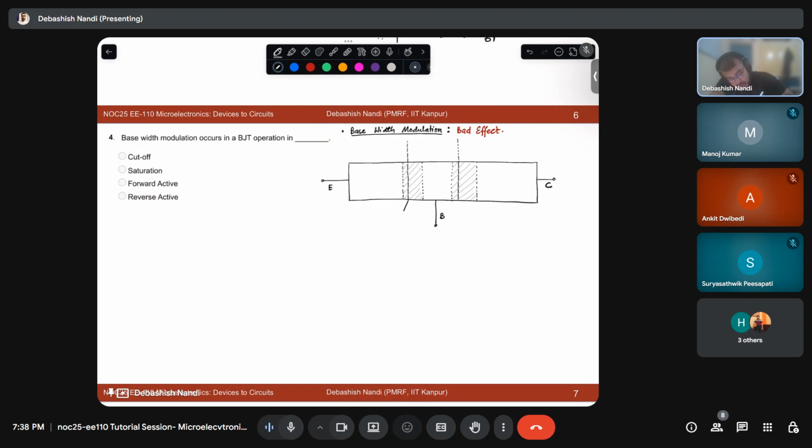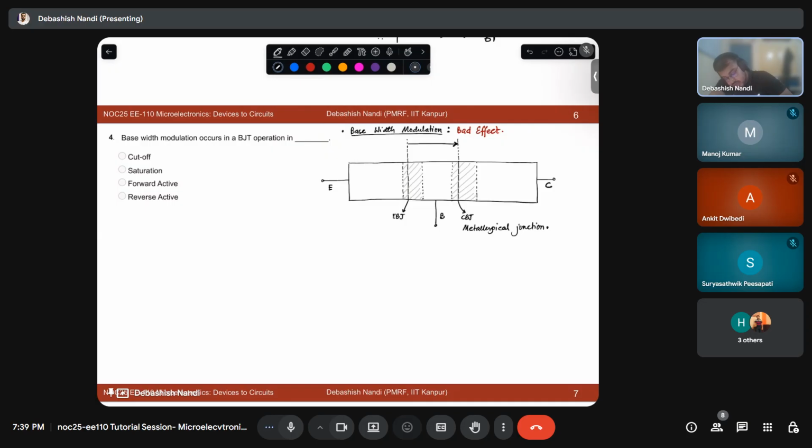By the way, do you know what these junctions are called apart from EBJ and CBJ? There is a general terminology used, that is called the metallurgical junction.